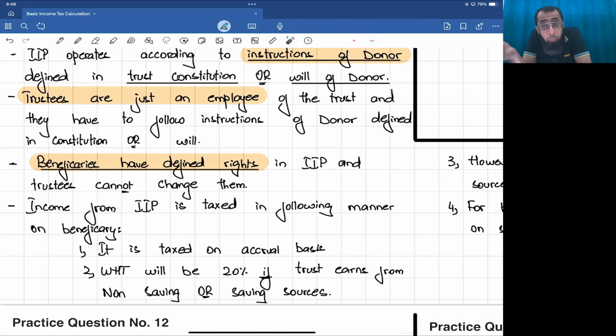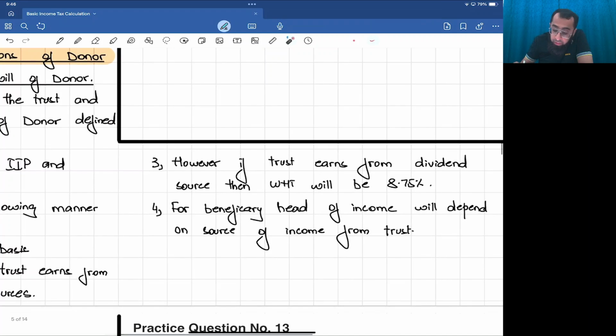If a trust earns from rental income, property income is non-saving income. But if a trust has big bank deposits and earns interest income, then we'll say that it is earning from saving sources. Similarly, if the trust earns from dividend source, then withholding tax will be 8.75%.